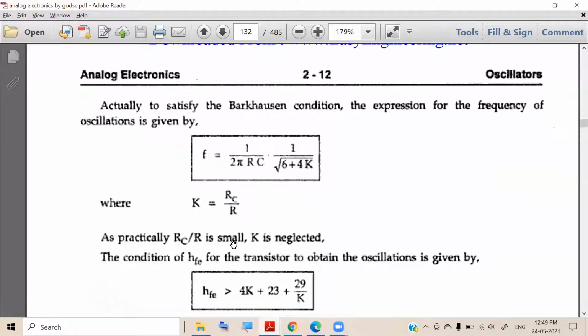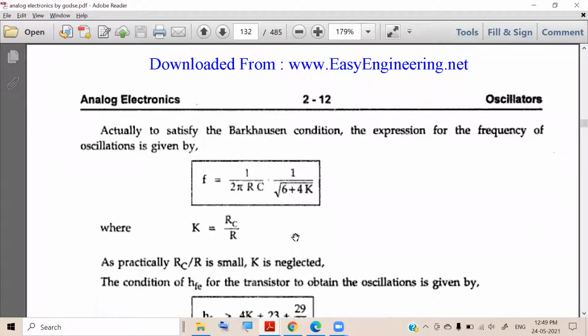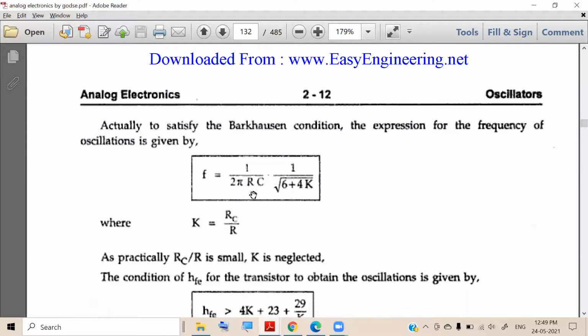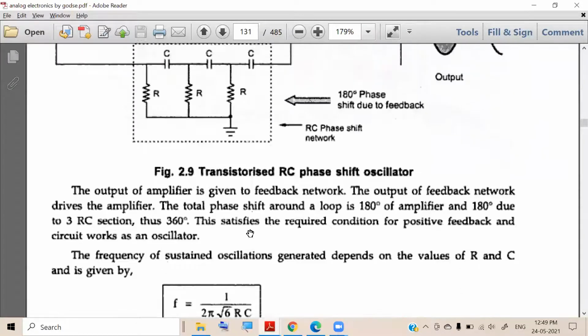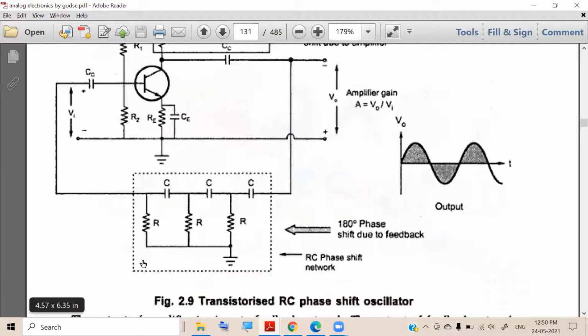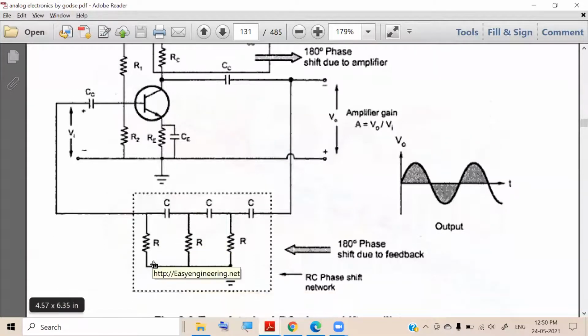Another form of the frequency of oscillation we get is 1 by 2 pi RC square root of 6 plus 4k, where k is the ratio of RC by R. Here we have RC, here we have R. The ratio of RC by R we will call K.